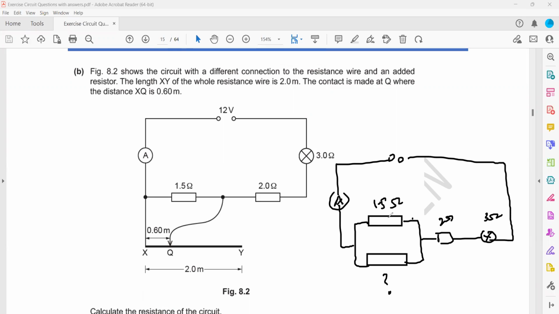But we need this part first. First, we'll find the combined resistance of these two and then sum them to get the total resistance of the circuit. But what will be the resistance of this 0.6? What is the relation between length and resistance? They are directly proportional. If you have a longer wire, it has higher resistance compared to shorter wires.